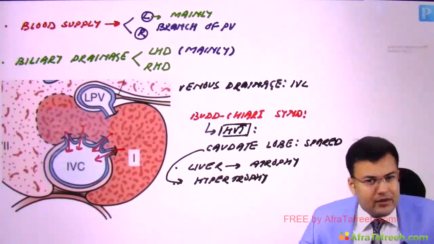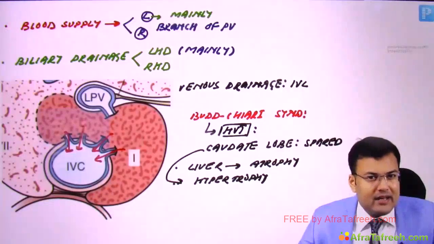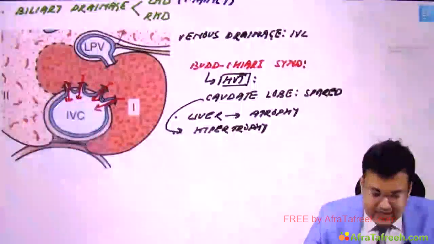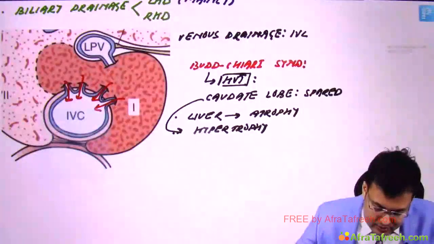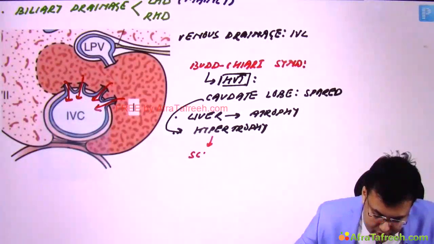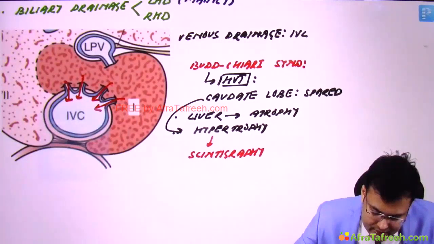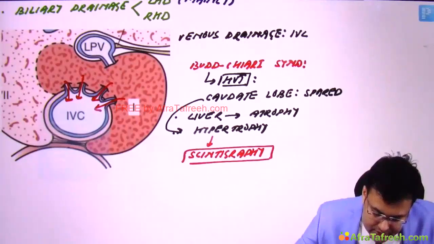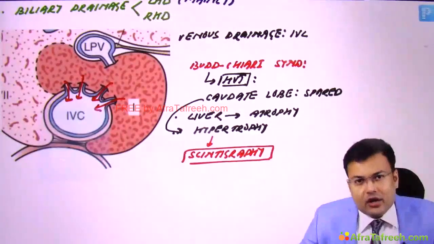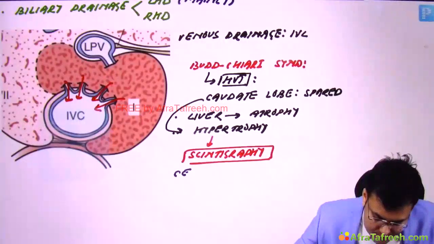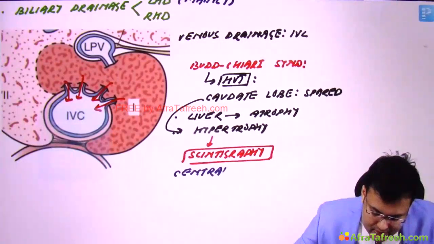And this hypertrophy of caudate lobe on scintigraphy appears as the central hotspot sign. Which one? The central hotspot sign.